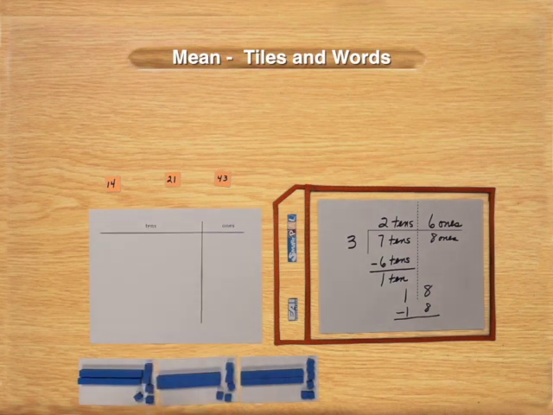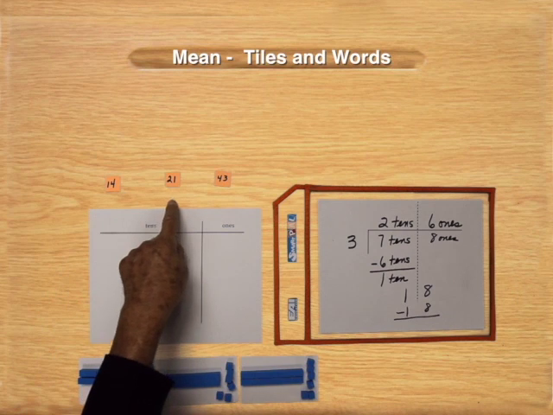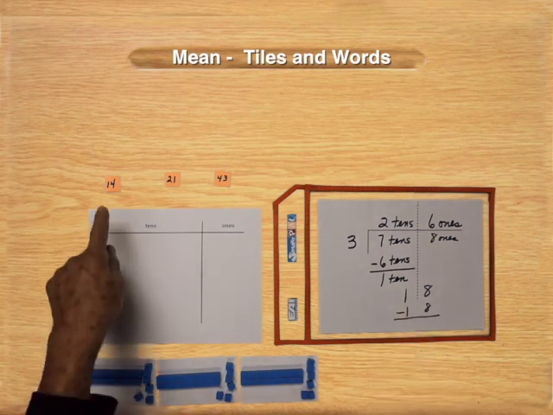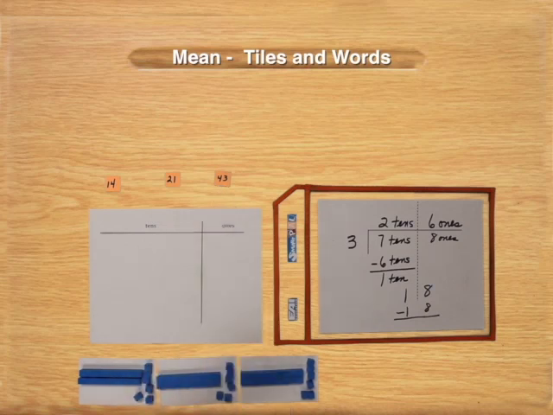So again, when we start with 14, 21, and 43, and want to share them out equally, the first thing we have to do is put them all together, or add them, and then share them out, or divide. And if we do, our answer is that each box is going to have 10, 20, 1, 2, 3, 4, 5, 6, 26.